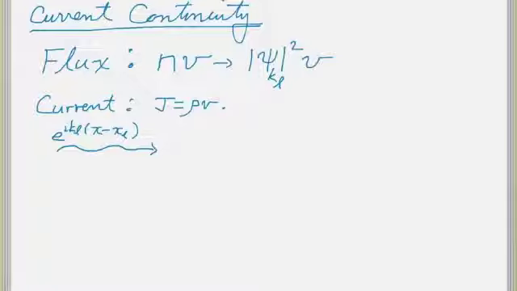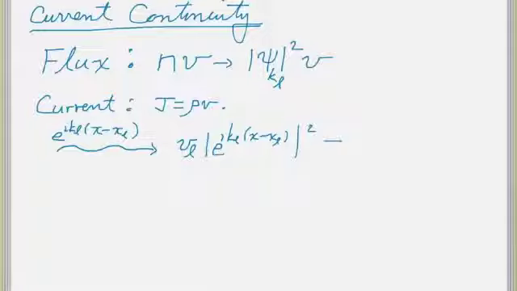The flux associated with this is the velocity associated with whatever k I'm at, k_L, times psi squared, and that's just 1.